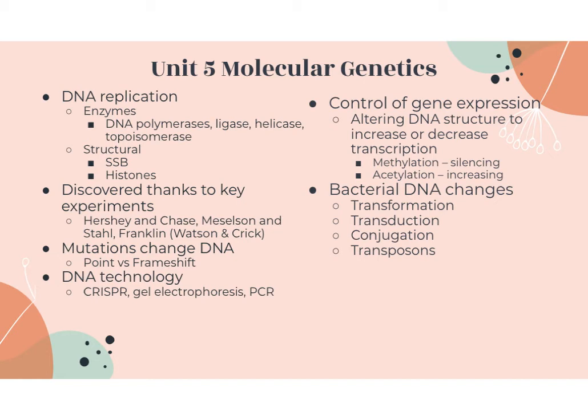You also have single-stranded binding proteins that are going to help to keep those opened up strands open and prevent the hydrogen bonds from reforming between the nitrogenous bases. You also have histones, which are the protein complexes that DNA is wrapped around.